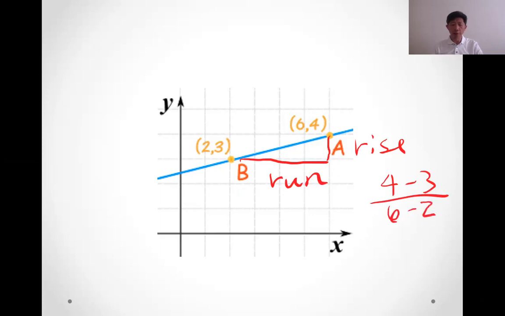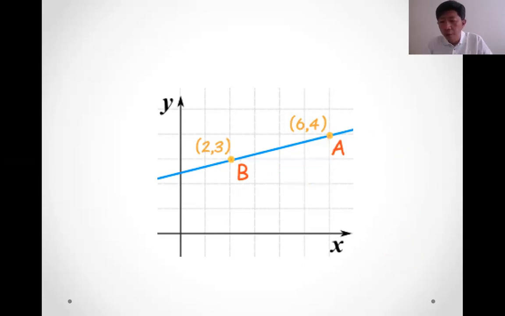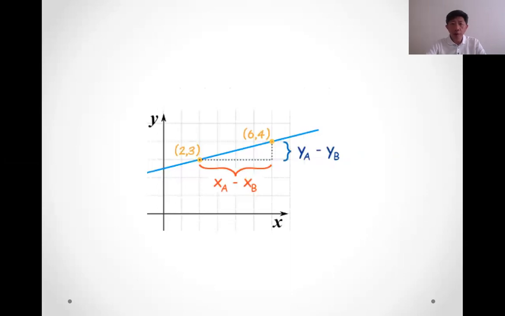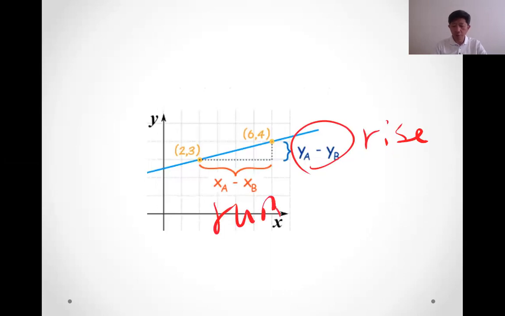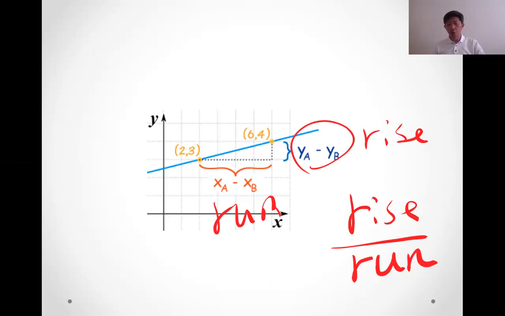So therefore, we have 1 over 4. That is the slope, okay? To give you more examples, here you can see this is the rise and this is the run. We take rise over run as a ratio. Slope is a ratio of rise over run, okay?